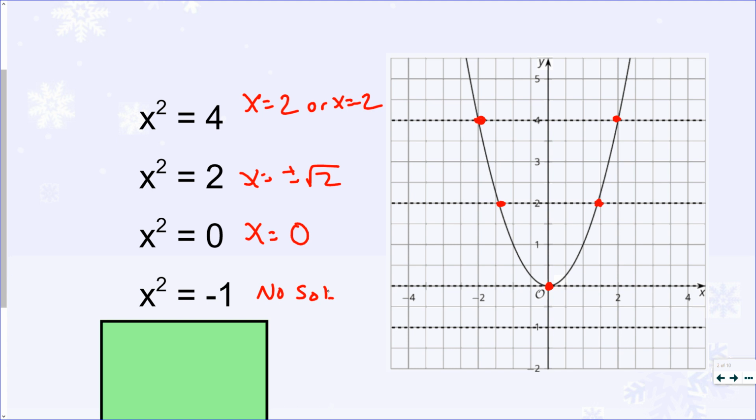I should say no real number. 1 times 1 is 1, negative 1 times negative 1 is still 1. The only way to get negative 1 is if you had one negative and one positive, but that's not squaring, right? So there's no solution there. There's no number that when squared produces a negative, and that's important for the work that we're going to do here. Because that means that some of these have 2 solutions, some have 1 solution, some have no solutions.